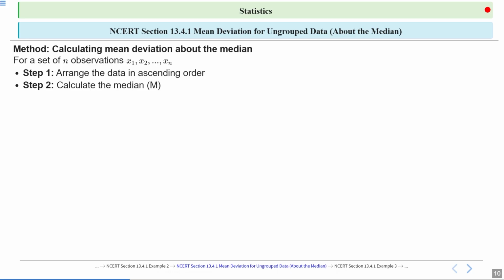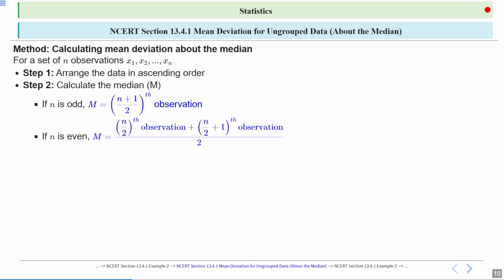Next, we calculate the median, which we will call m. If the number of observations n is odd, the median m is the value at the (n plus 1) by 2th position. If n is even, then the median m is the average of the values at positions n by 2 and (n by 2 plus 1)th.